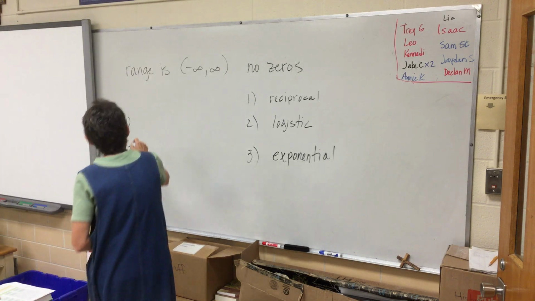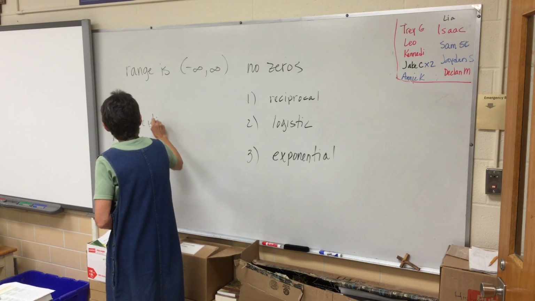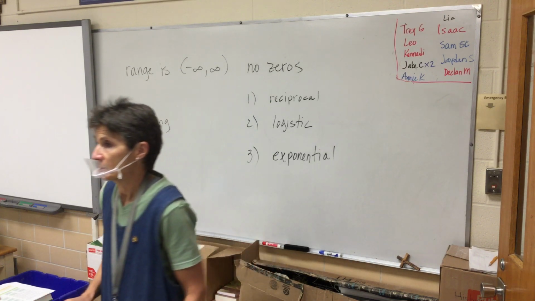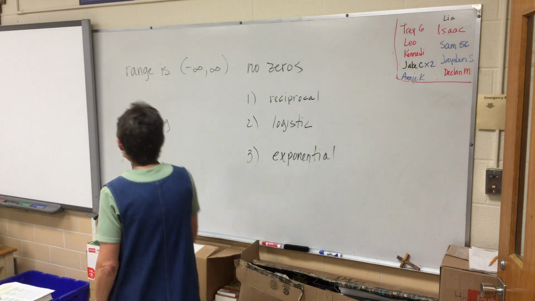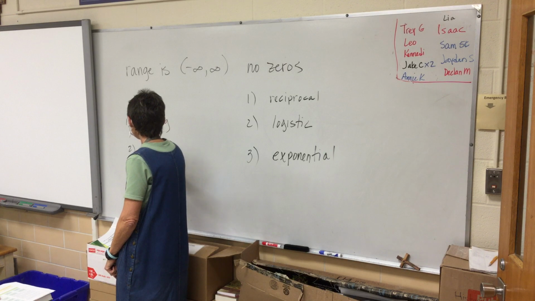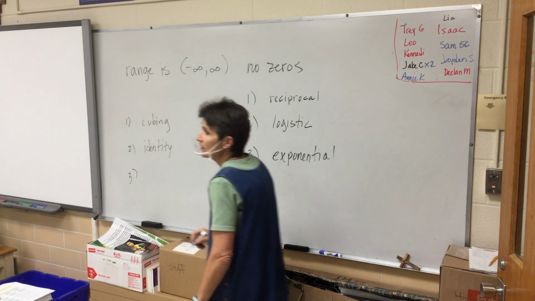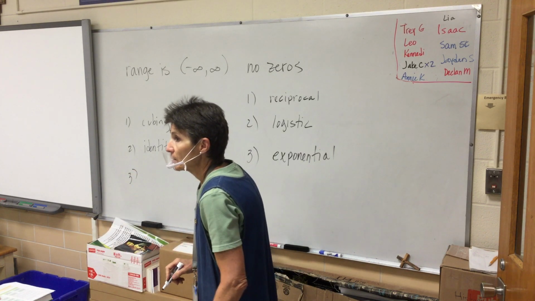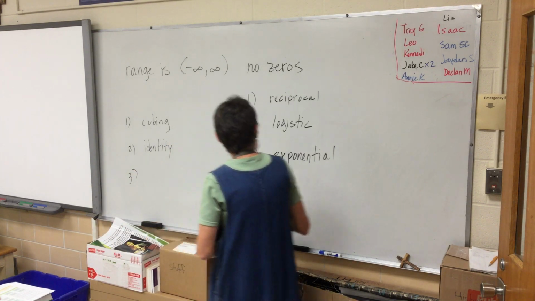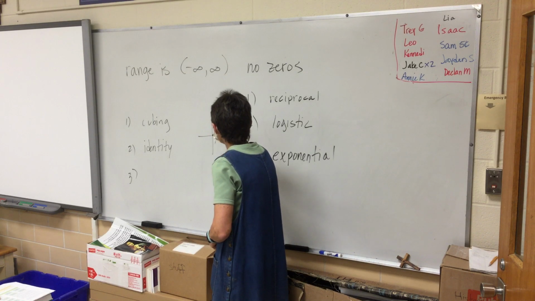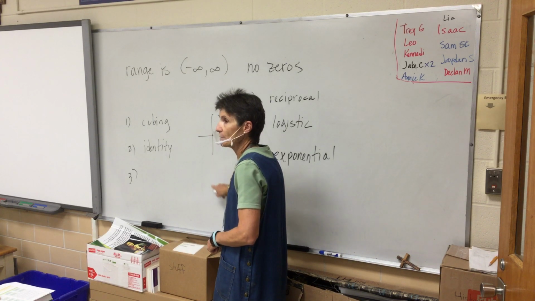Cubing, absolutely, that's one of them. It goes all the way down and all the way up and has no breaks. Identity is another one. And some of you might call that linear. It doesn't matter to me, identity or linear. Squaring, now be careful. Does the squaring function go all the way down?